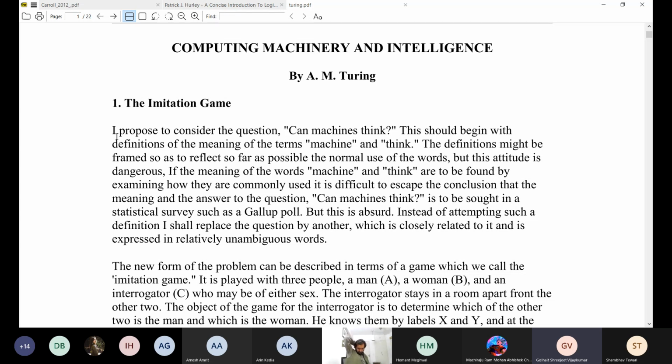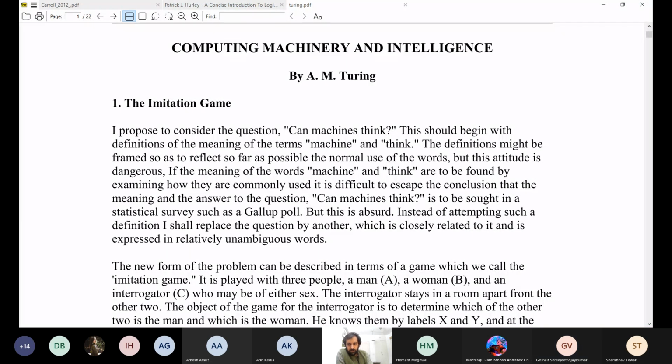If the meaning of the words machine and think are to be found by examining how they are commonly used, it is difficult to escape the conclusion that the meaning and the answer to the question, can machines think, is to be sought in a statistical survey such as a Gallup poll. But this is absurd. Instead of attempting such a definition, I shall replace the question by another, which is closely related to it and is expressed in relatively unambiguous words.